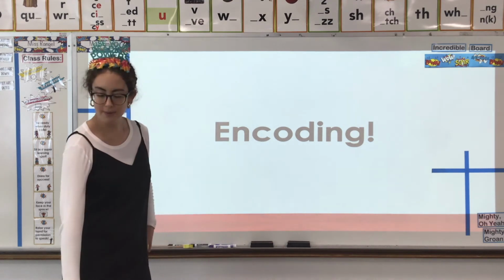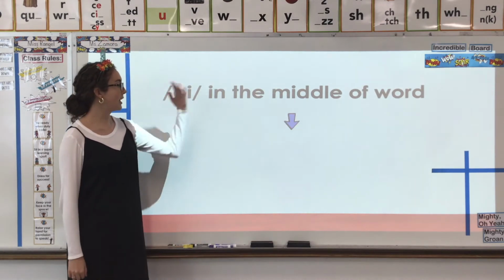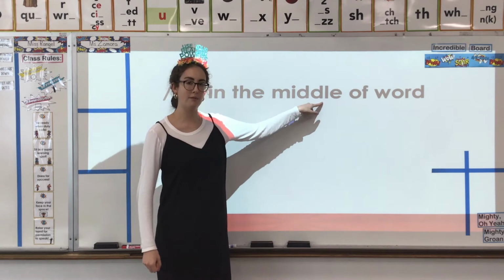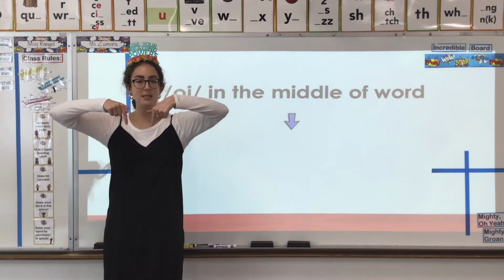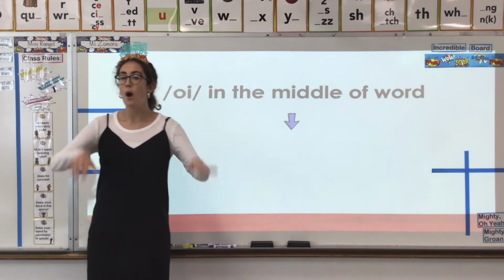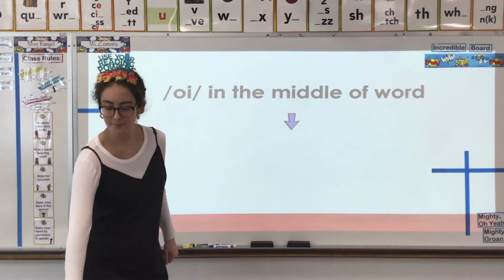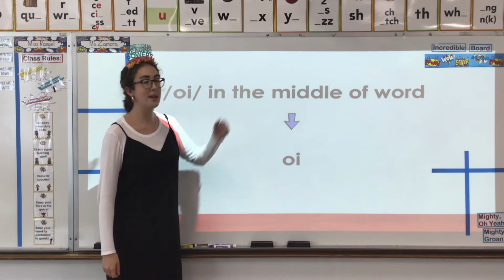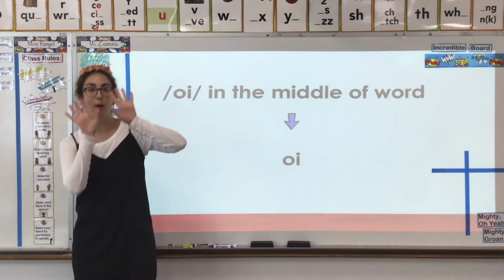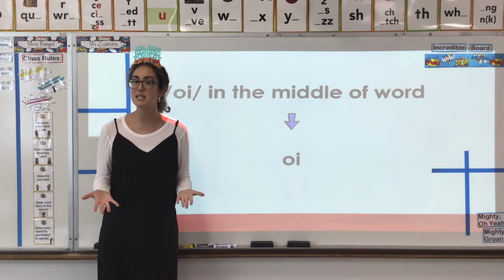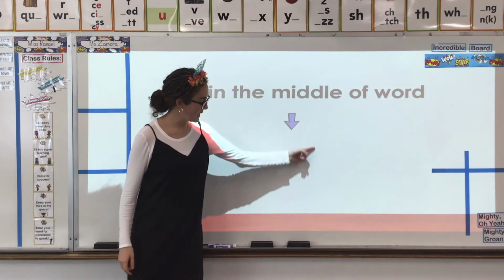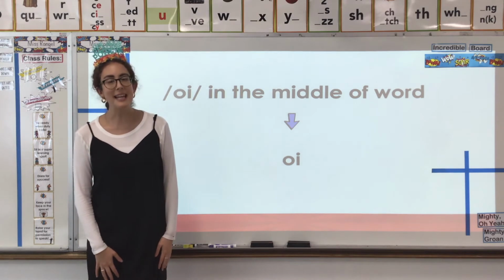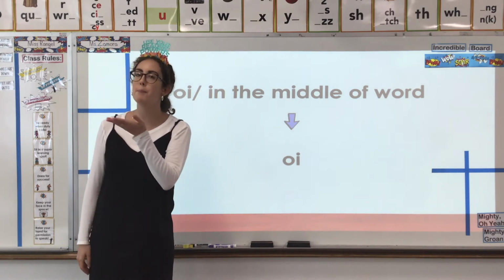So, first up, if we hear the oi sound in the middle of a word, a middle sound, then when we go to spell that word, it will be O-I. So that's like in the word boil.